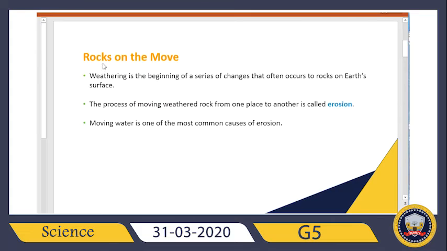So basically, weathering and erosion can move rocks from one place to another. Moving water is one of the most common reasons for erosion. You can also find the definition of erosion here.